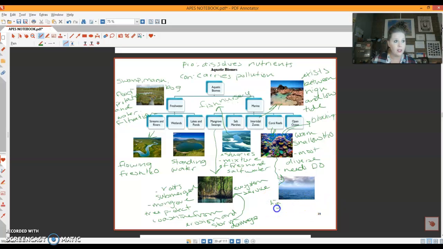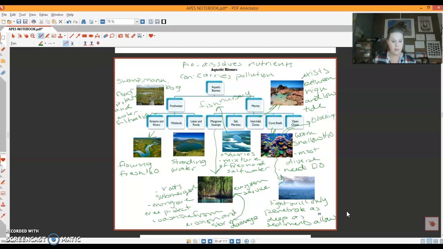So light will only penetrate as deep as sediments allow.